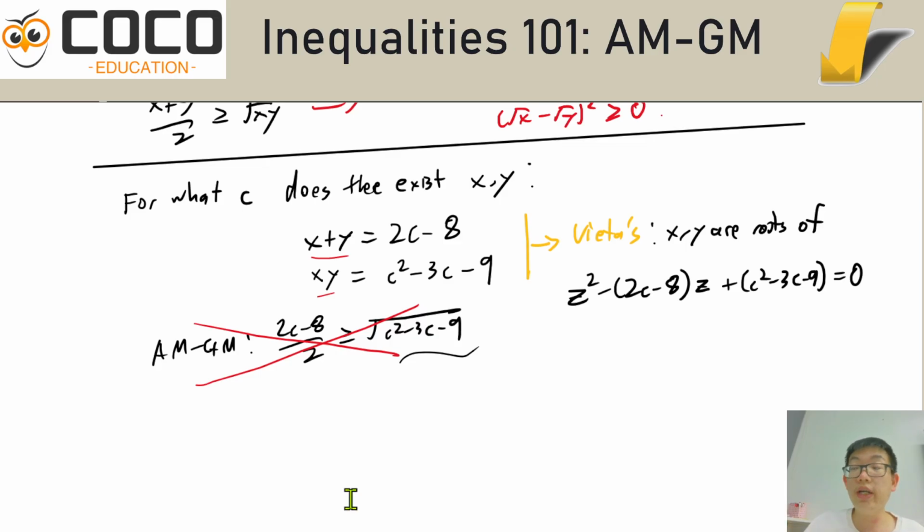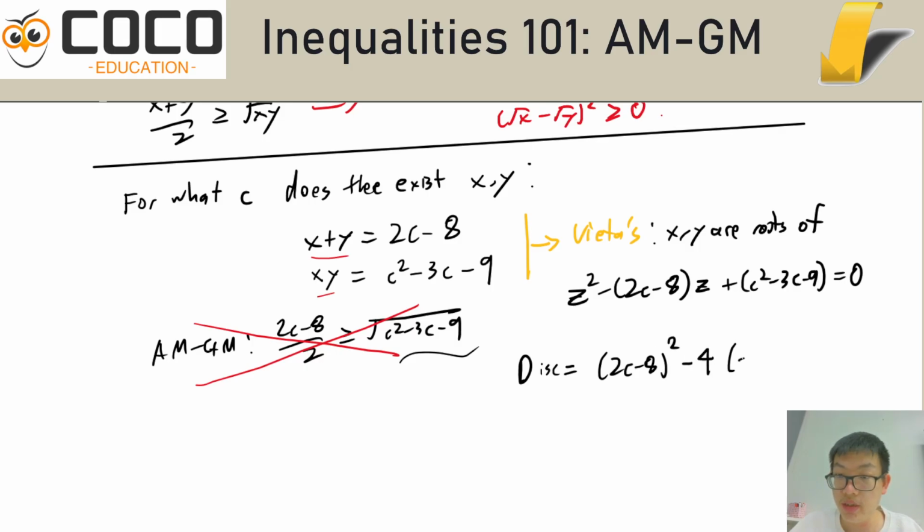I know how to handle quadratics. If x and y must exist, I didn't say they must be distinct, so it just means that the discriminant, the b squared minus 4ac, although this c is of course not the same as that c, must be greater than or equal to 0.